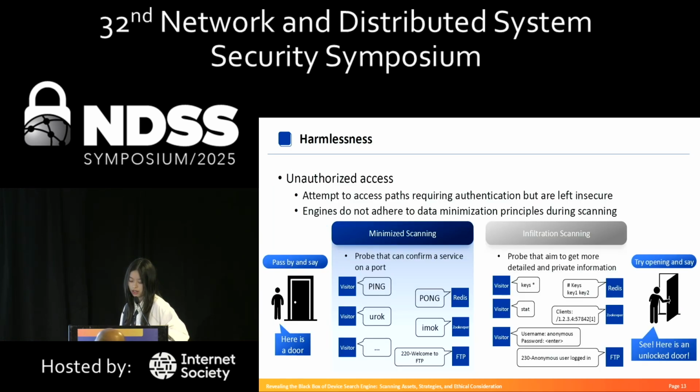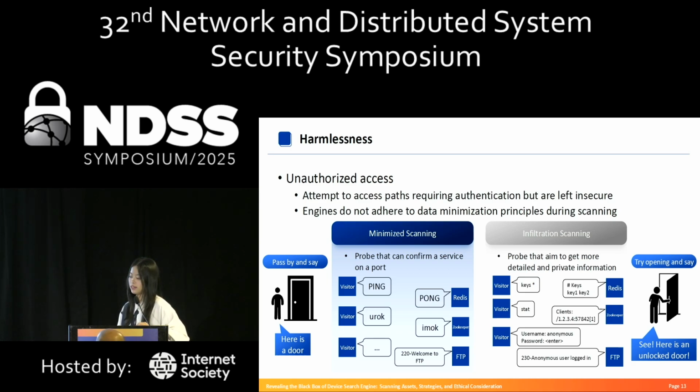For harmlessness, some engines go beyond simple scanning and attempt to access sensitive paths or configurations. We recommend the data minimizing principle during scanning. To minimize the scanning, we think a probe that can confirm a service on a port is enough.